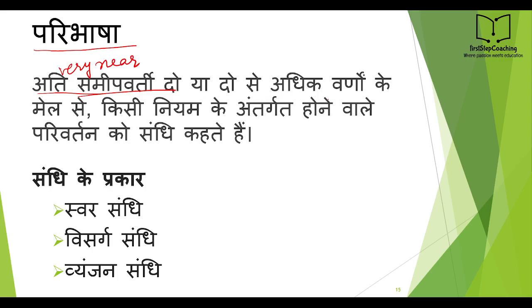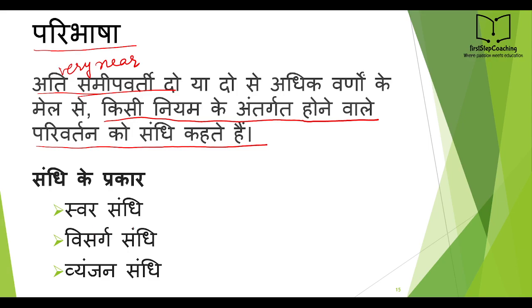Two or more than two words, when they meet each other, when they join each other, then किसी नियम के अंतर्गत होने वाले परिवर्तन को संधि कहते हैं. किसी नियम के अंतर्गत means under any specific rule. होने वाले परिवर्तन means the change. That change is called sandhi. I think it is more clear now because as we have discussed already what sandhi is, now it should be super clear. Now there are three types of sandhi.